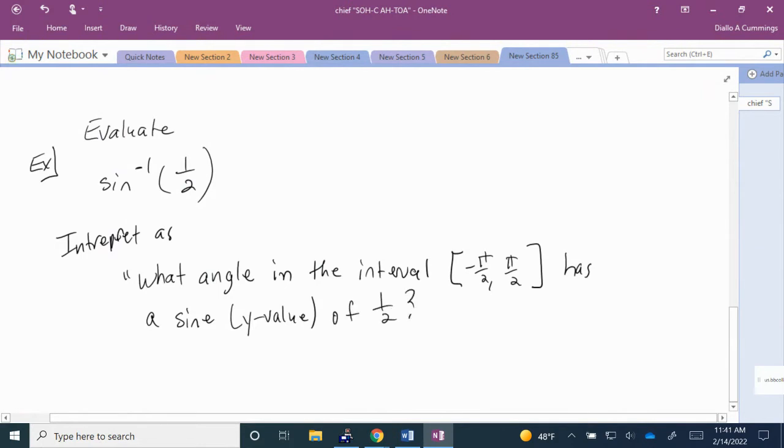So that's how we're going to interpret this. What angle in the interval from negative pi over 2 to pi over 2, so this is why the intervals are important, has a sine or a y value of 1/2.